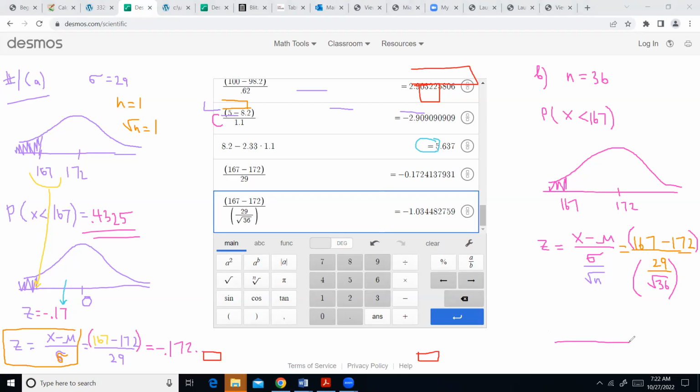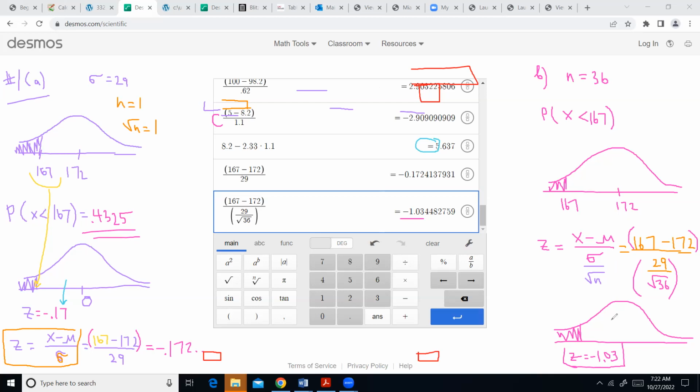So let me get a corresponding picture, just like in the previous part. And the z-score is found as negative 1.03. You see that? Negative 1.03. There is a 4, but we rounded to 3, right? If 4 follows, then it's still 3.